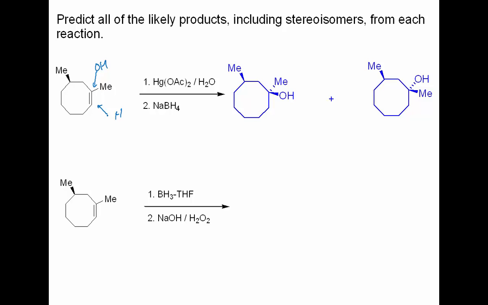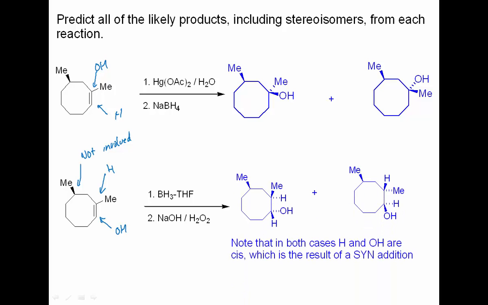This next one, it's going to be opposite. OH is going to end up at that carbon. Hydrogen is going to end up at this one. Hydrogen and OH that you're adding have to add to the same face, but the methyl that you see out here, of course, is not involved in the reaction at all. So that's going to stay the same.